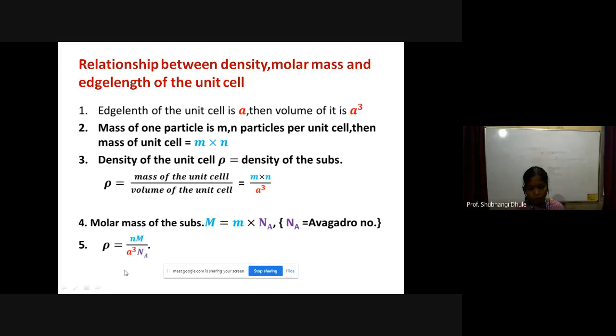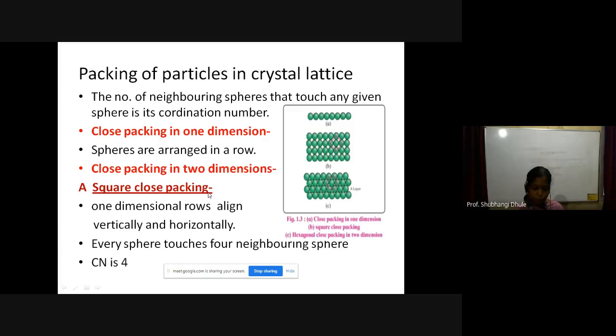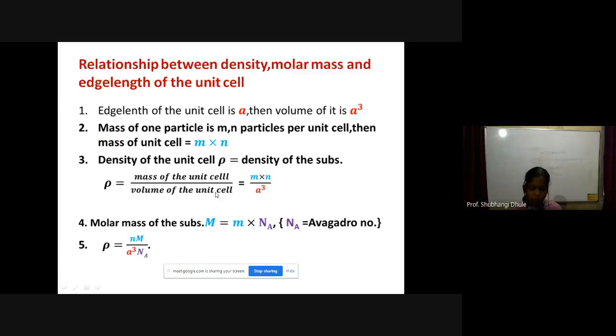If you are confused about this formula, just remember the earlier formula and put in the value of small m, which is M divided by Na, and you get this formula.